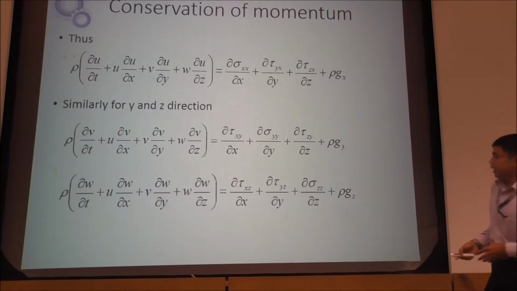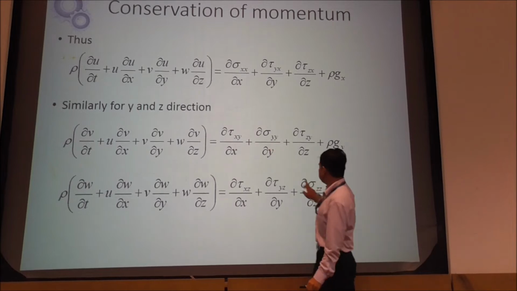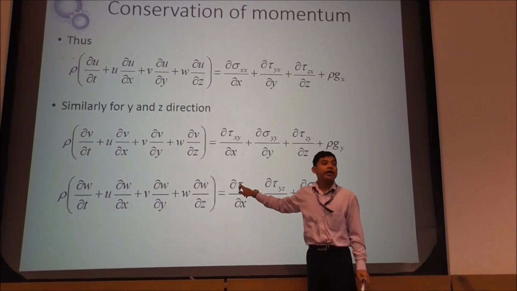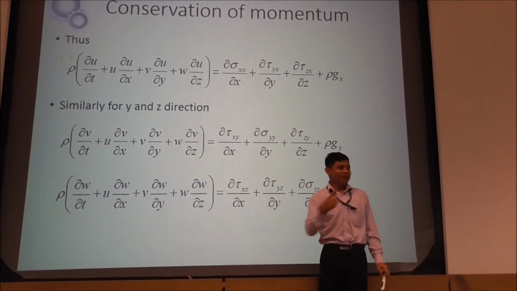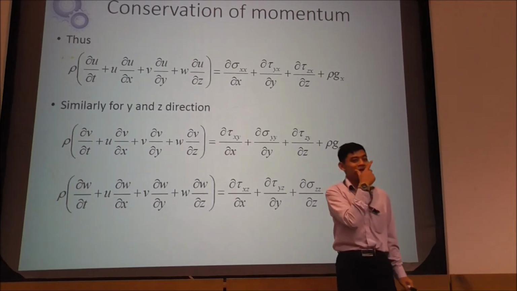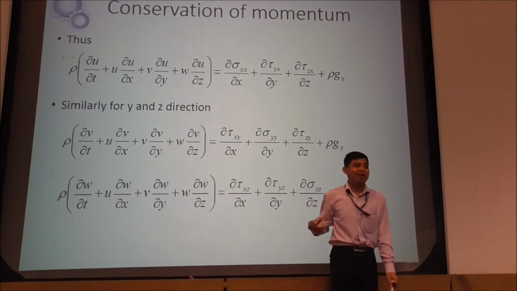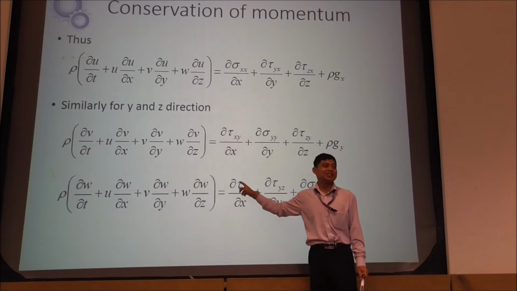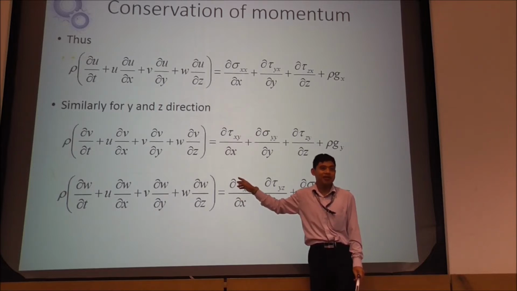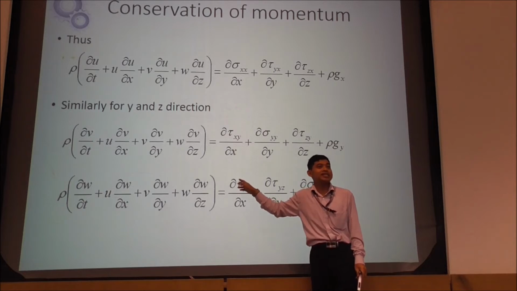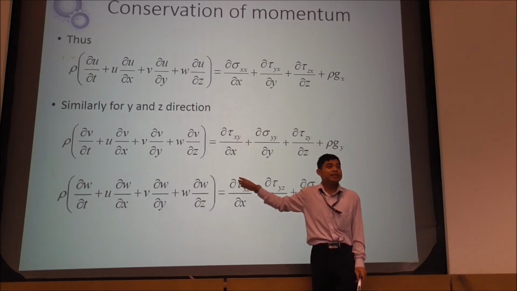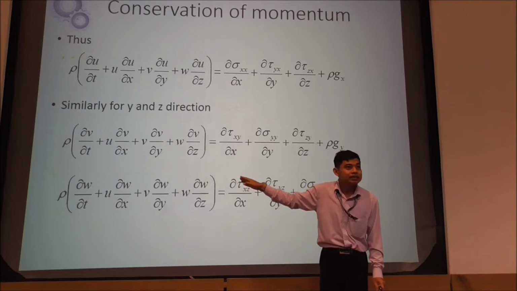Now if you look at this, it looks like one symbol only, but unfortunately, even though it is called a shear stress, it is not a vector. It is a shear stress tensor.